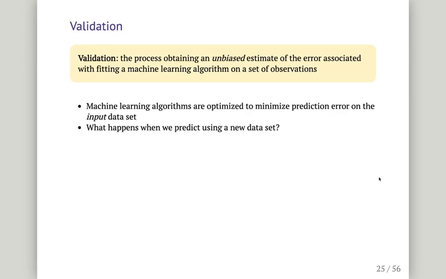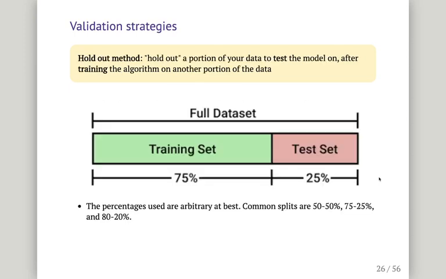Again, those machine learning algorithms are built or optimized to minimize prediction error on the input data set. If we use all of the data we have available for that input data set, we've got no way to measure how well we would do on a new set of observations. So we employ a validation strategy.